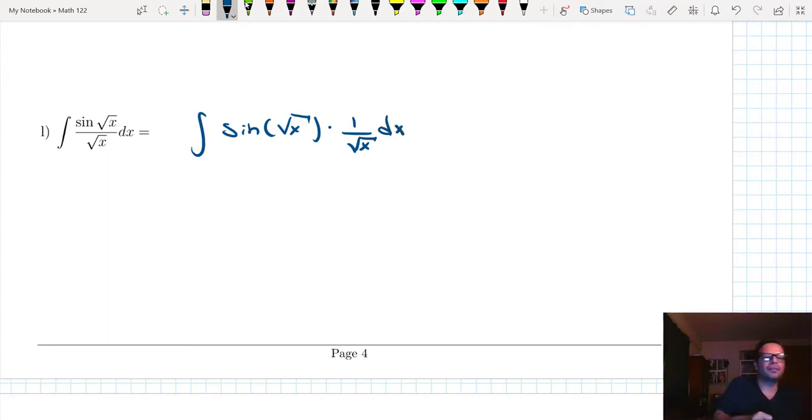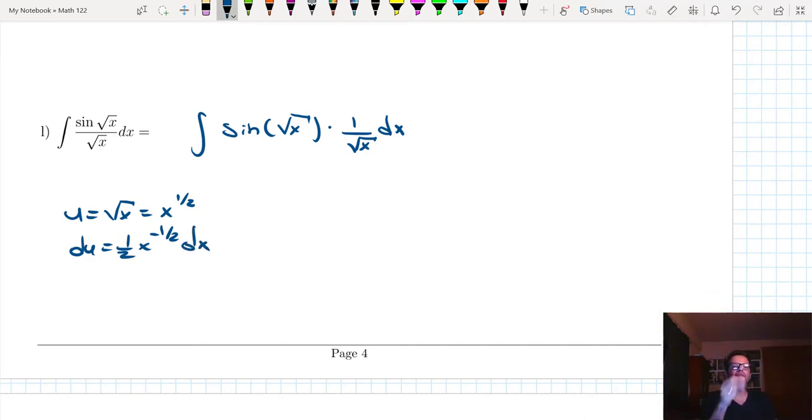Let's take our u to be the square root of x. In this case, let's change this to rational exponents. Du will be 1/2 x to the negative 1/2. Subtract 1 from the exponent, multiply by the exponent, that times the x.